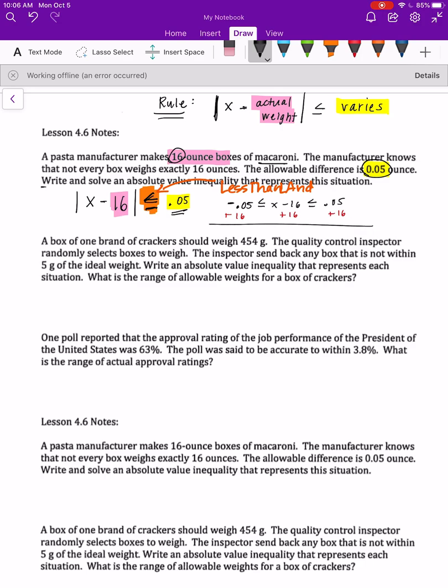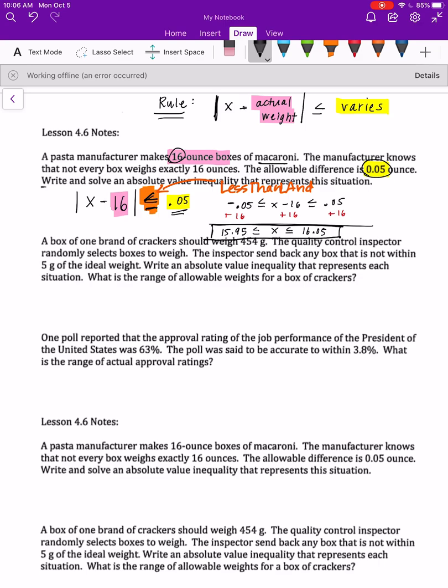So it would be negative 0.05 plus 16, which would be 15.95, is less than or equal to X, which is less than or equal to 16.05. Meaning that box of macaroni has to be between 15.95 ounces and 16.05 ounces.